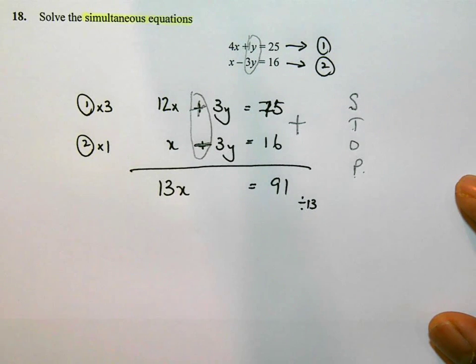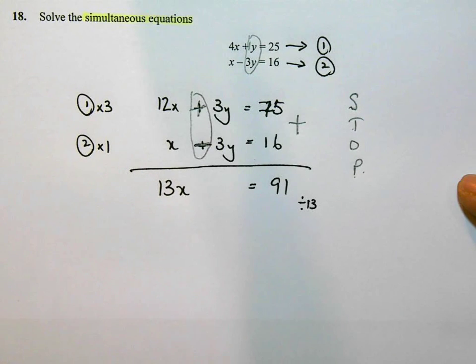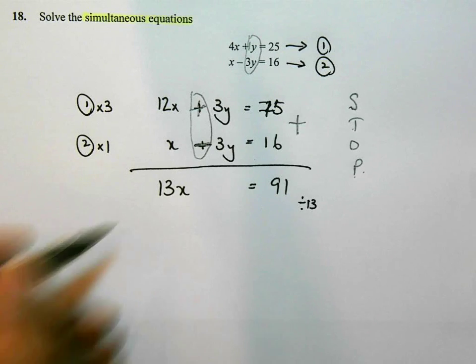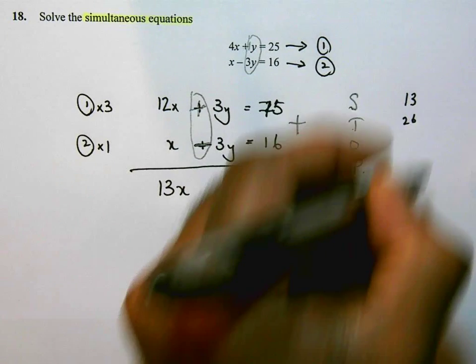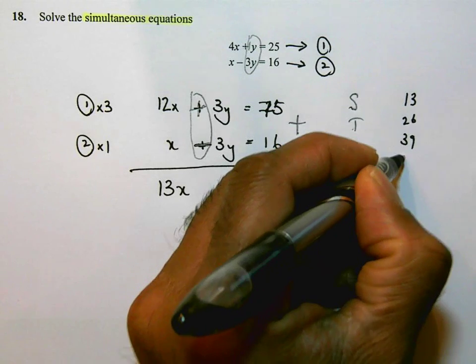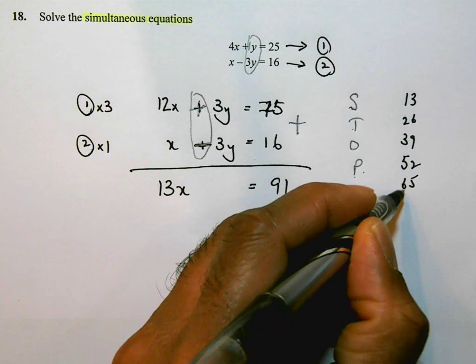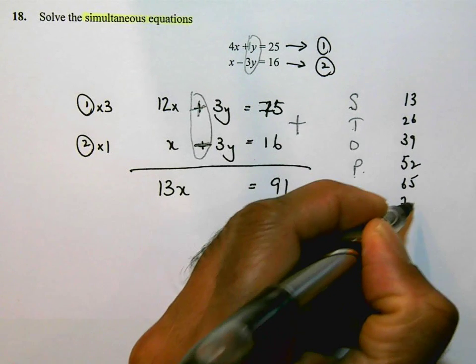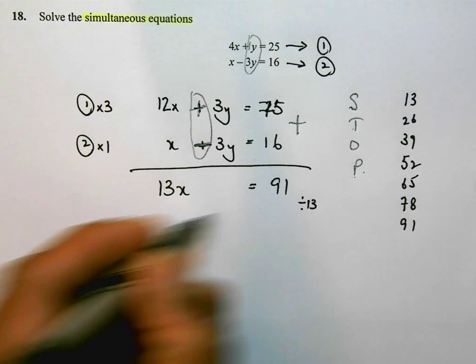Okay, so now I need to do 91 divided by 13 to work out what that should be. If you're stuck, if you're not sure, then work your way up. Write down the 13 times table as you go on. 13, 26, 39, add on another 13, 52, add on another 13, that's 65, 78, add on another 13, 91.